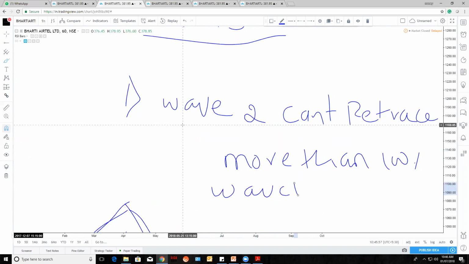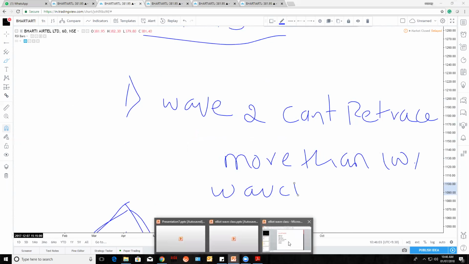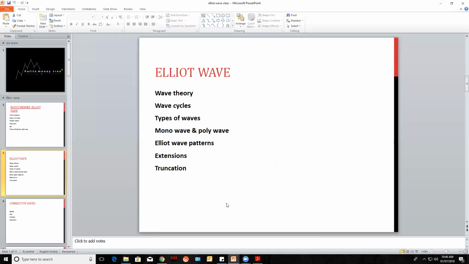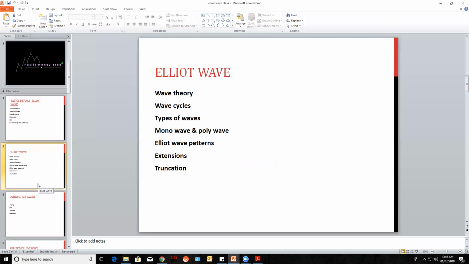I'll just go to the PDF. There is a motive wave. They also call it a motive wave or impulse wave. Impulse is actually a motive wave.